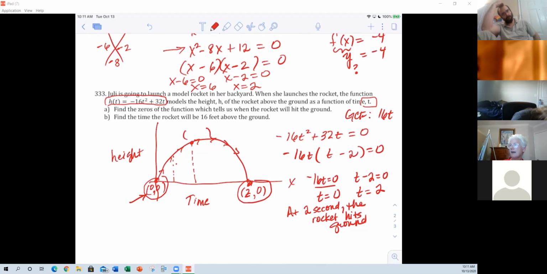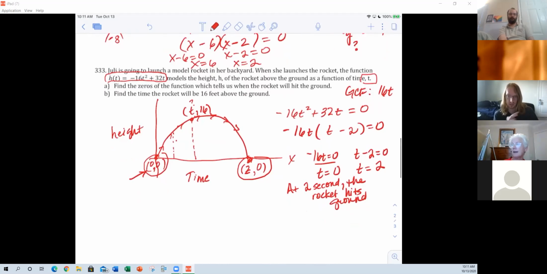So is that the x value or the y value? It's y, right? So 16. And then what we're looking for is the time, right? So what am I going to do with the equation? You have to set this equal to 16.